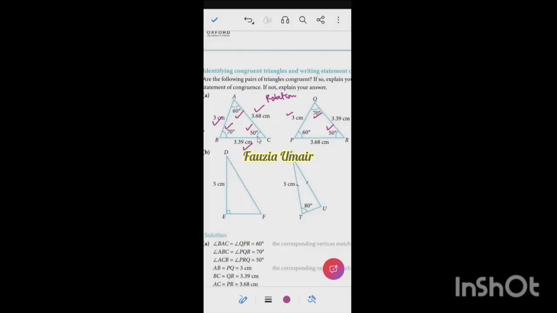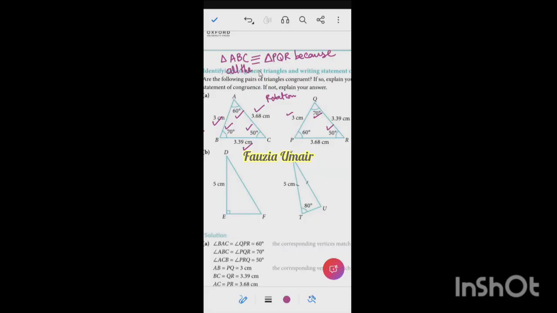So how we are going to explain it? How we are going to say that triangle ABC is congruent to triangle PQR? Because they are asking you to tell the congruency and explain it. Statement of congruency likhe. So we will write down in part A, triangle ABC is congruent to triangle PQR. ये statement है congruency की.